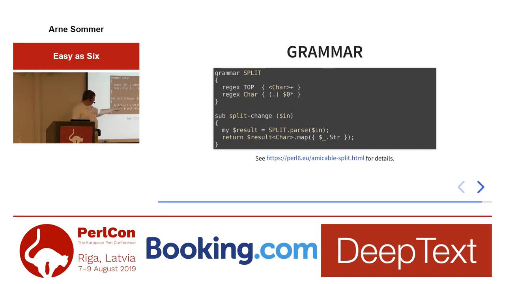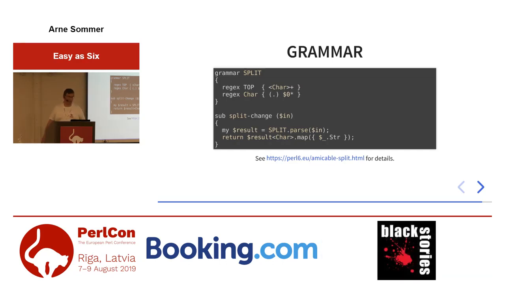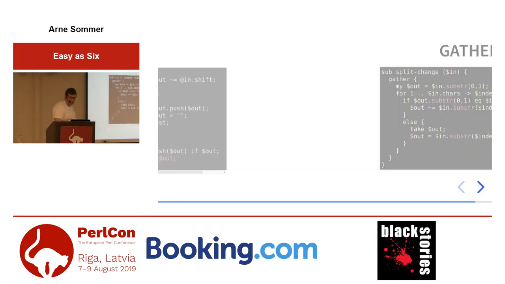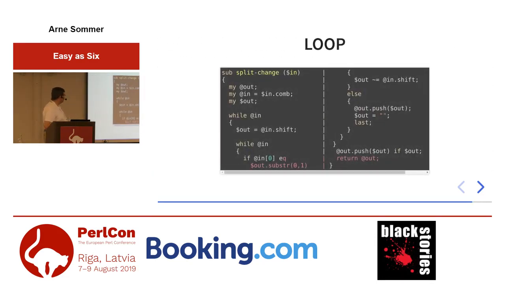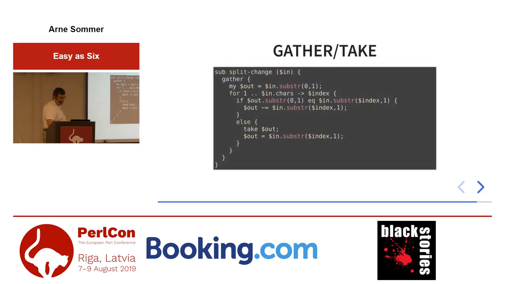So I stringify it and return the list of substrings. I think this is much easier to understand than especially that one. If you don't know about gather and take, then you certainly will not understand this one.